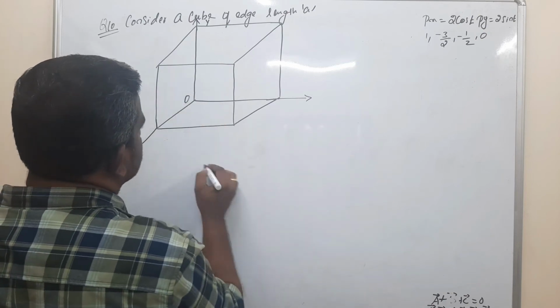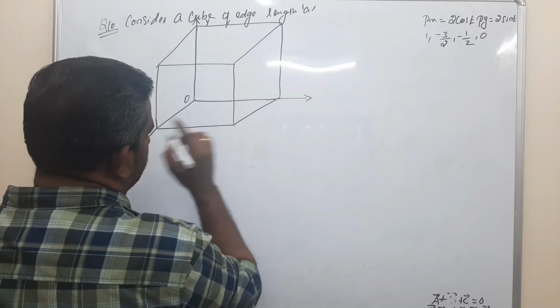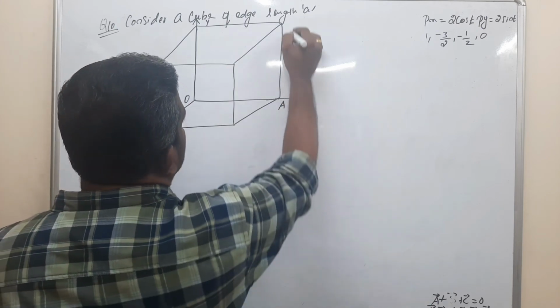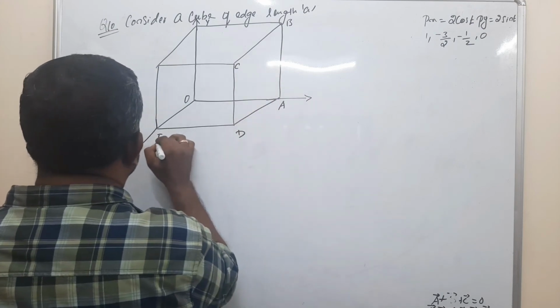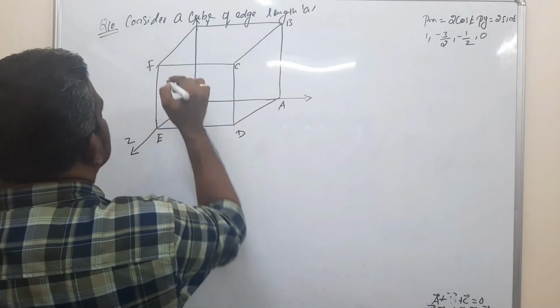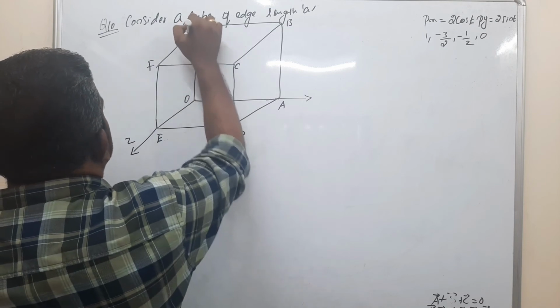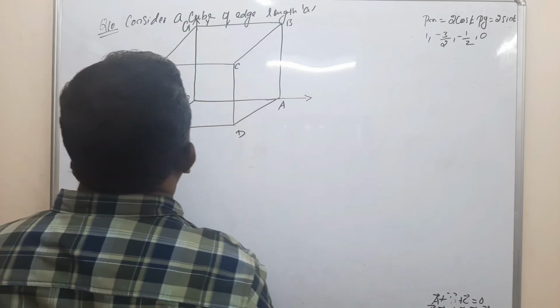So this is the origin O, and the vertices A, B, C, D, E, F, G.